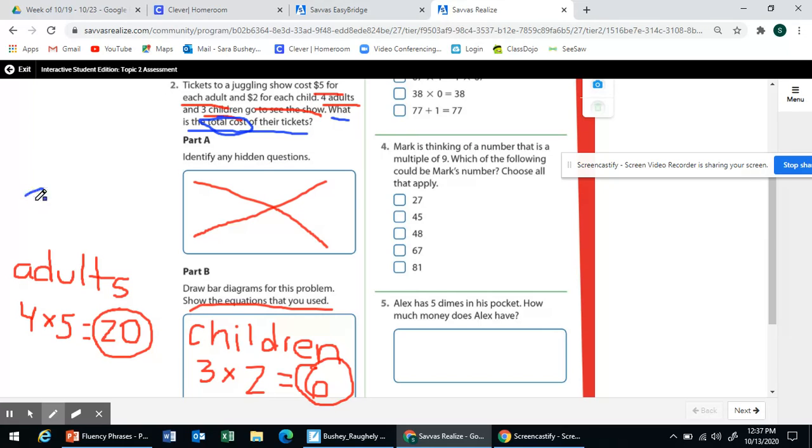So now I will take $20 and $6. And if I add 20 and 6, I get, I'm going to do my money sign, $26 as your answer. So go ahead and take 30 seconds to make sure you are all caught up on this information.